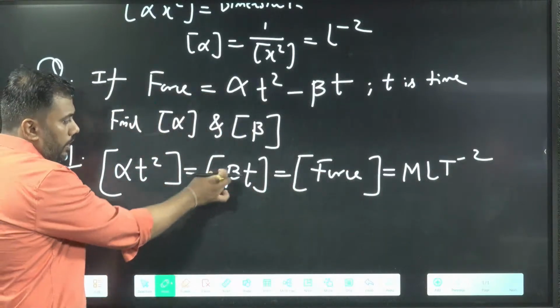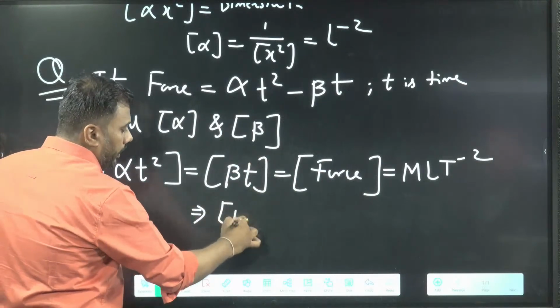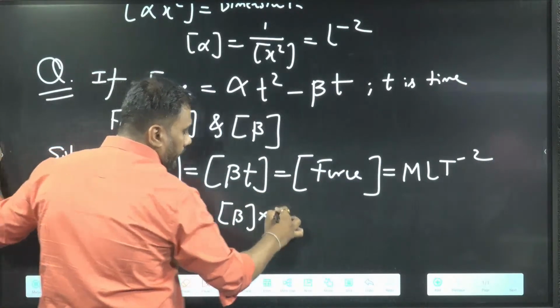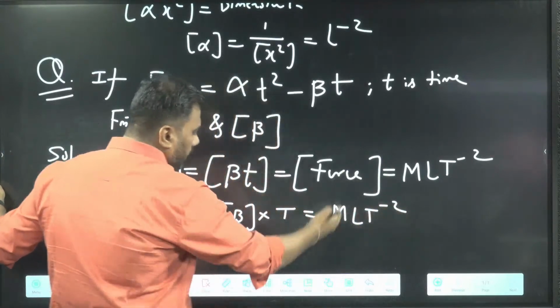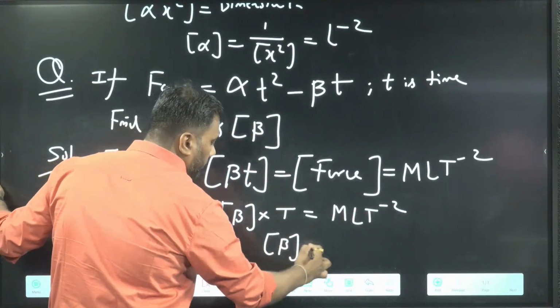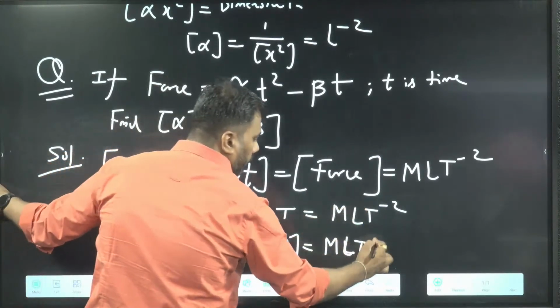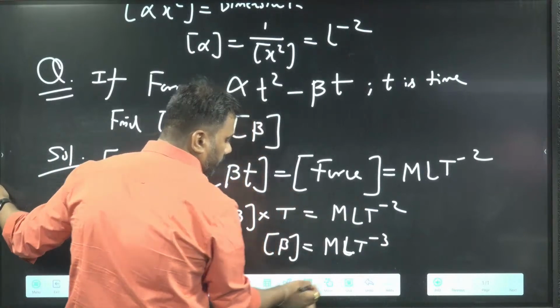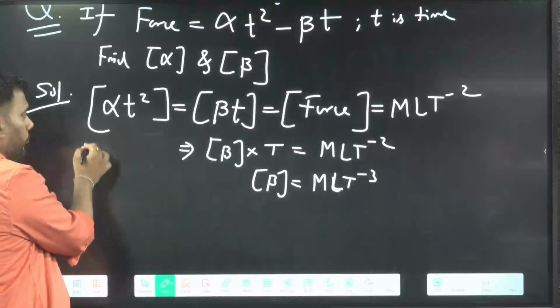Now the dimensions of beta into dimensions of t, which is T, is mLT minus 2. Just use this to find dimensions of beta. It will be mL T to the power minus 3. Similarly, you can find dimensions of alpha also.